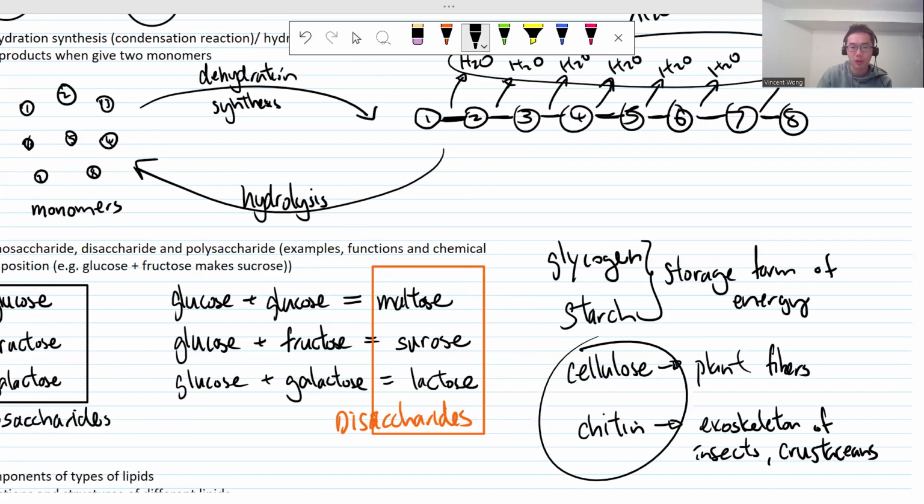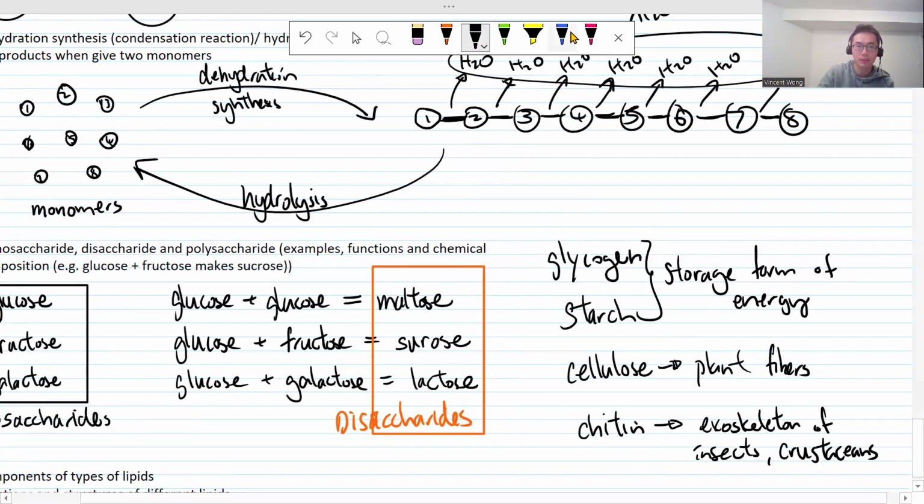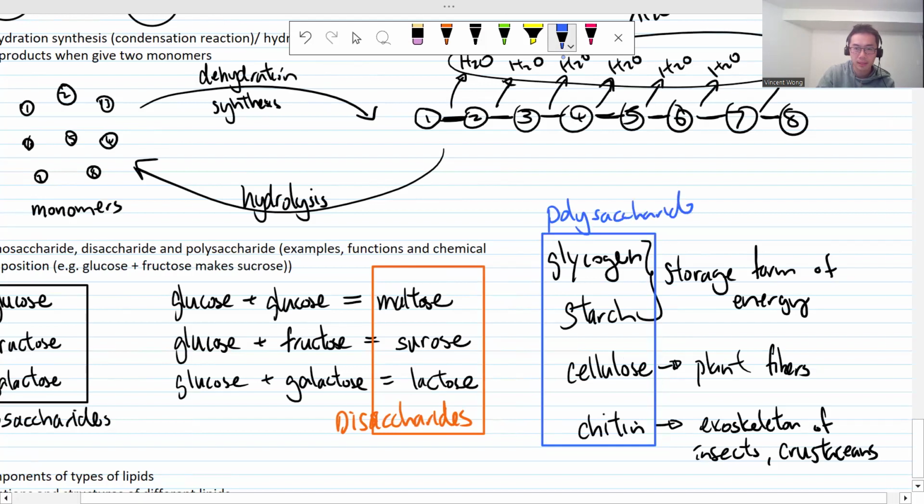Okay, so these are for structural support. These are for storage form of energy. And what's important is that these four things are examples of polysaccharides. Okay, as opposed to double, these are really, really long chains.